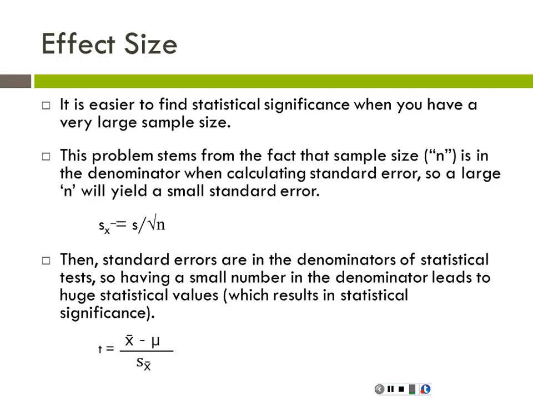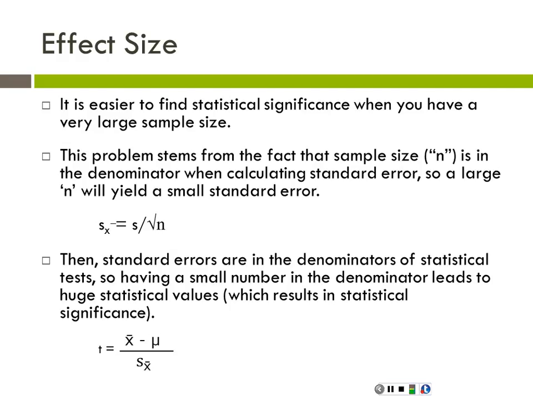Because we're dividing by this. So the bigger this denominator, the smaller your numerator. So the bigger sample size you have, the smaller standard error you will have. This is important because standard errors are the denominators in our statistical tests. So having a small number in the denominator leads to a larger statistical value, which means higher levels of statistical significance.